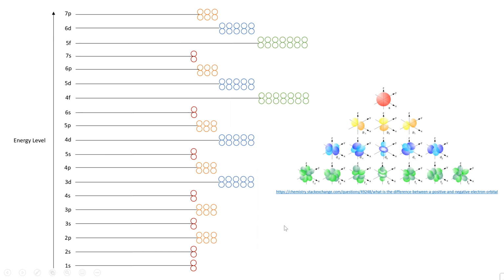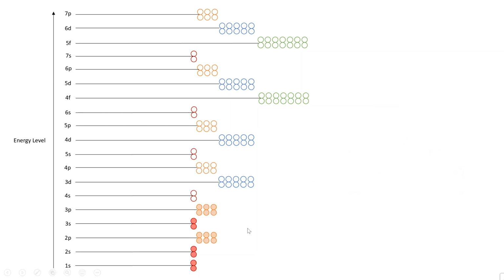It'd be really cool to look at how these geometries come about, but that's outside the scope of this. So let's say we have a situation where the 1s, 2s, 2p, and 3s orbitals are fully occupied by electrons, and these are potential places where electrons can fluctuate to.